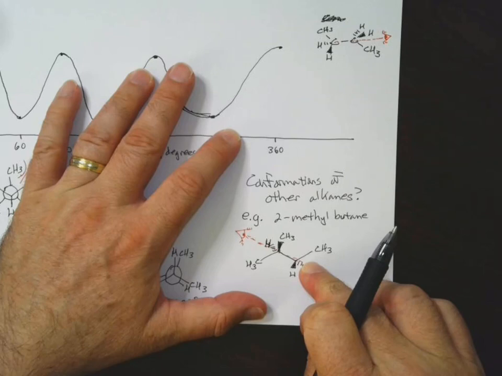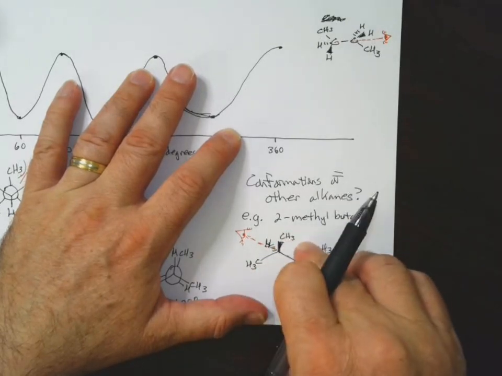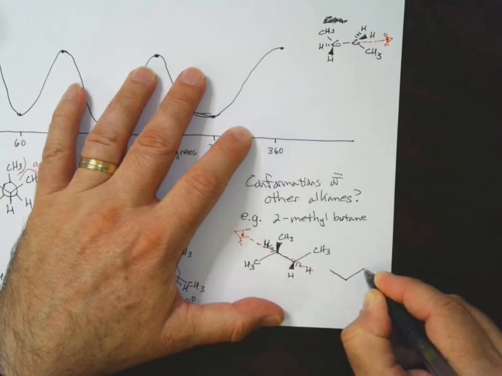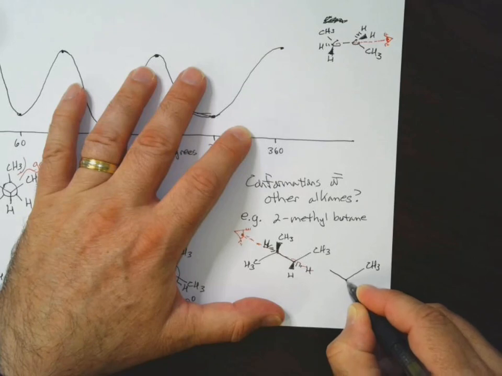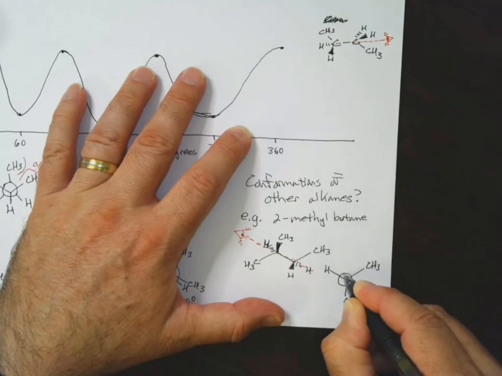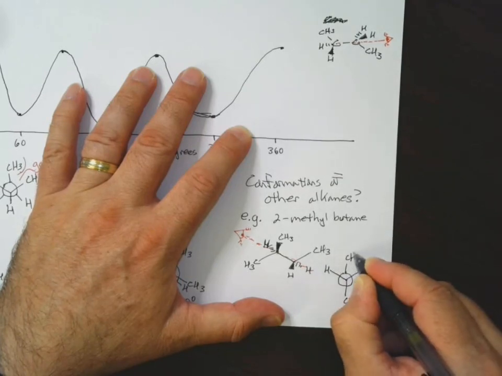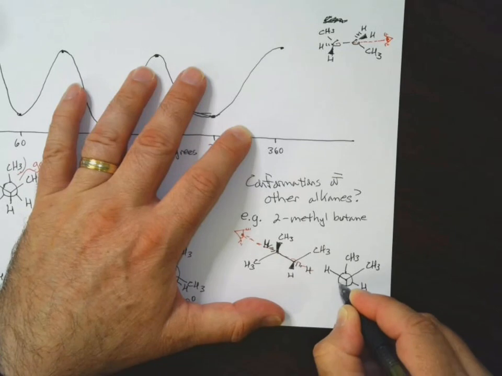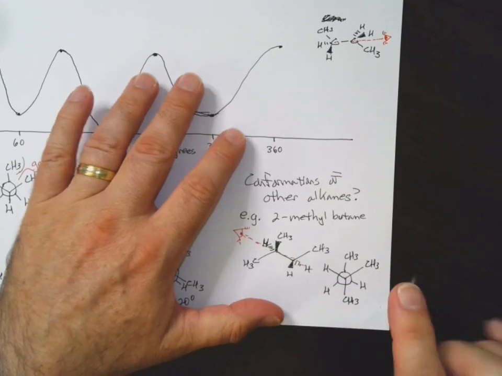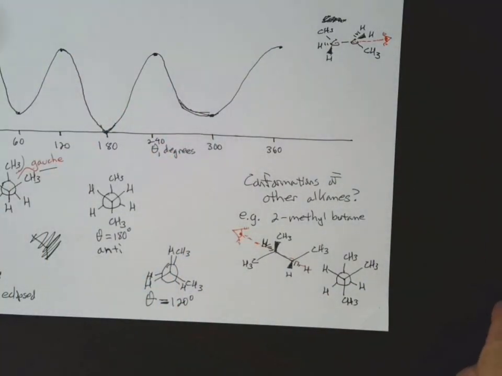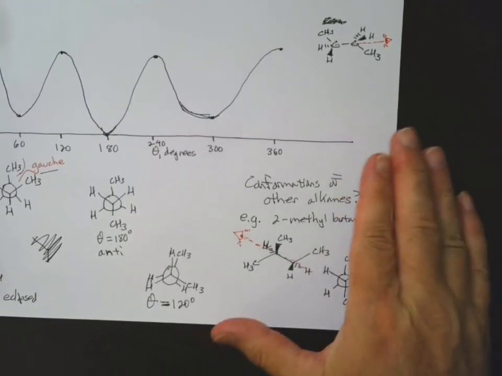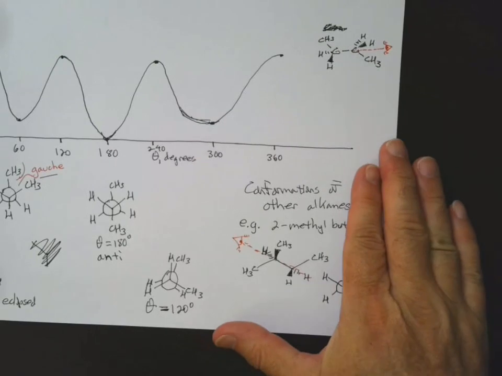So I'm looking down here, I'm going to have a CH3 on the bottom, CH3 at the bottom, H on the left, and then the back carbon is the CH3 up top, H, H. And then you could do the same sort of analysis. There are practice problem questions at both end of chapter and on the problem set where you do this, and I'll have you do this type of analysis on the quiz and exam.